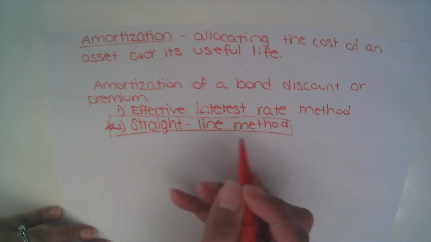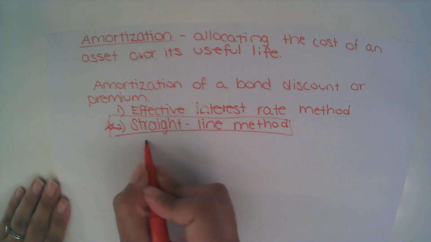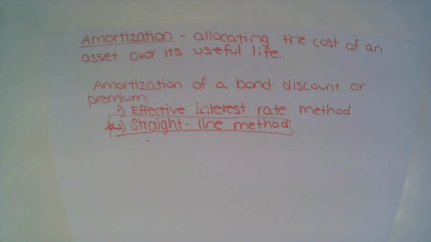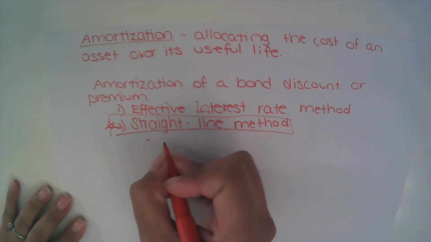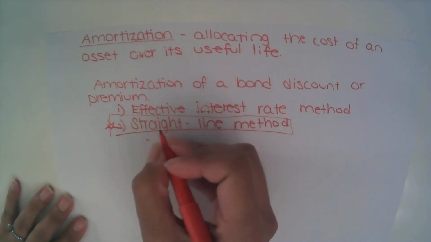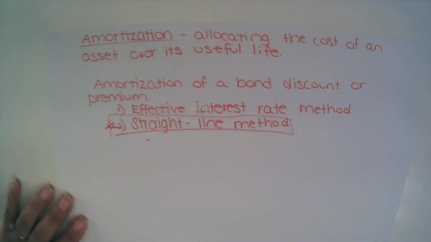So let me define the straight line method of amortization for you. So the straight line method of amortizing a bond at discount or premium. So this method allocates a bond discount or bond premium, allocates the same amount of interest expense for each interest period.